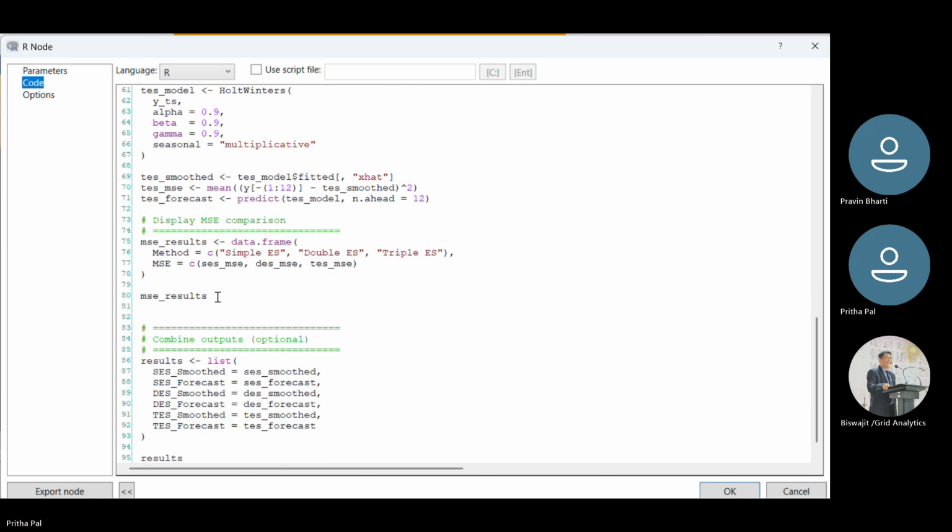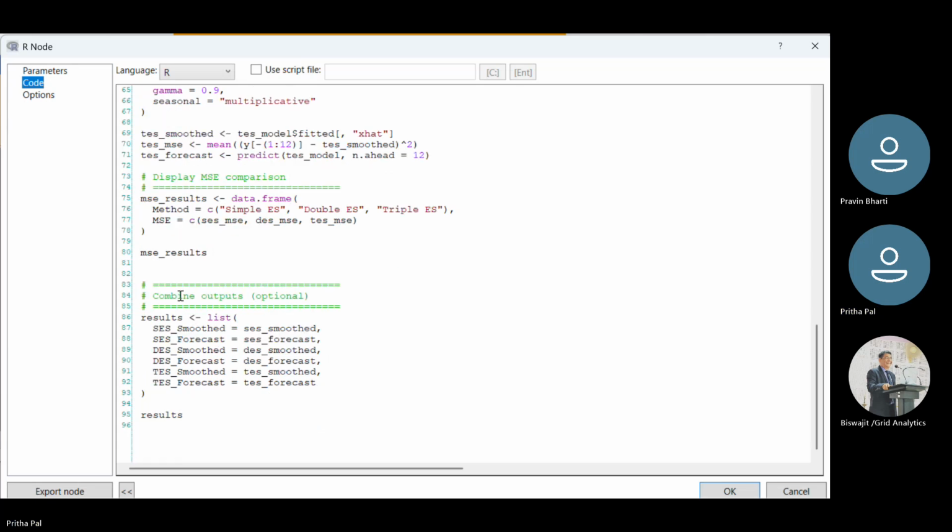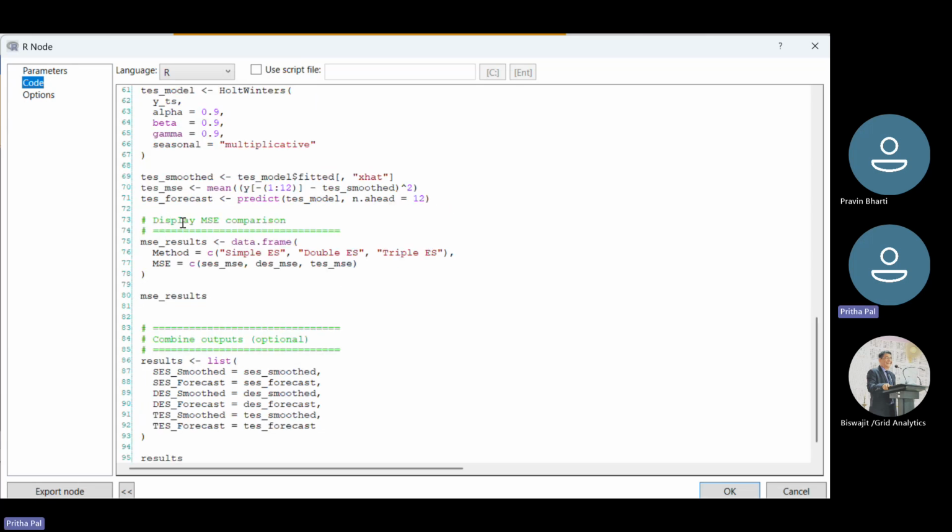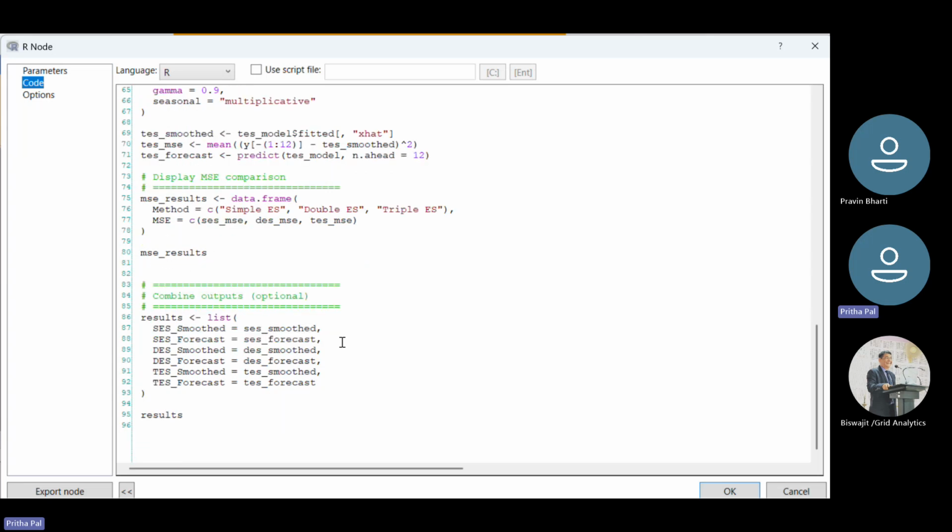Next, for the model comparison, we have combined all the results together. First, we have combined all the results of mean square error, and next I have combined all the output results of all the three exponential smoothing.